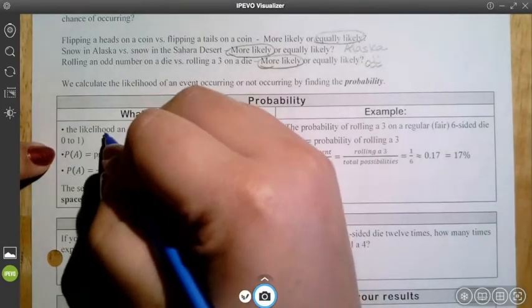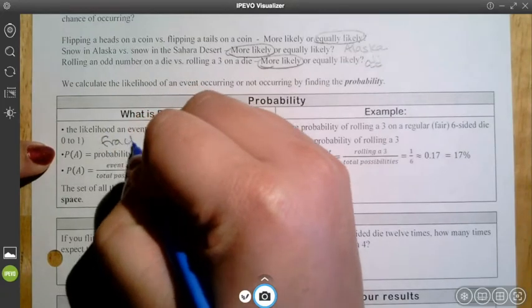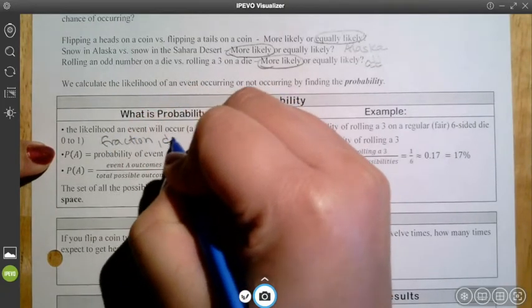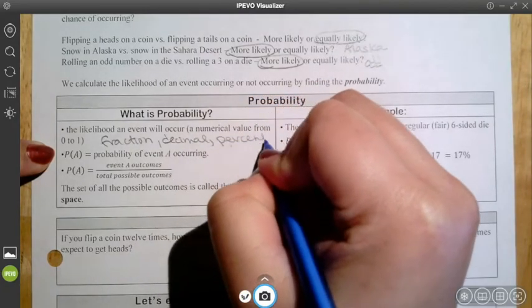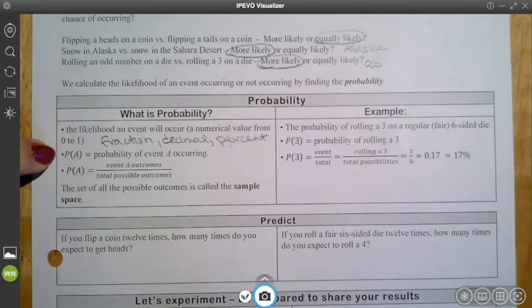Those values can be represented as fractions, decimals, or percentages. If it doesn't specify, you can use any of the 3, but your default should be fraction.